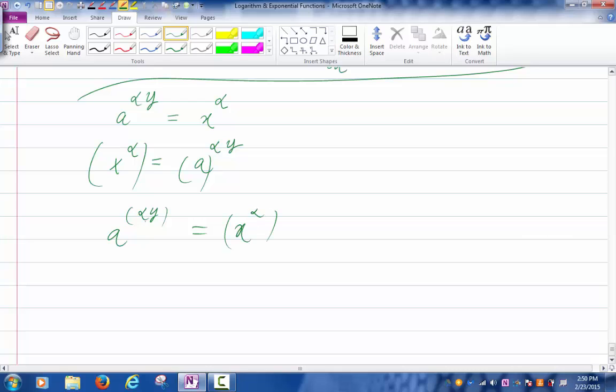So what does it imply in terms of log? It says that log base a of x to the alpha is alpha y.